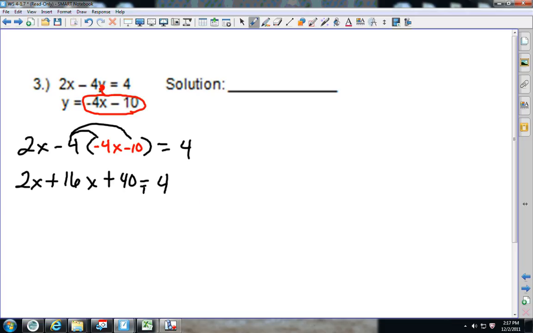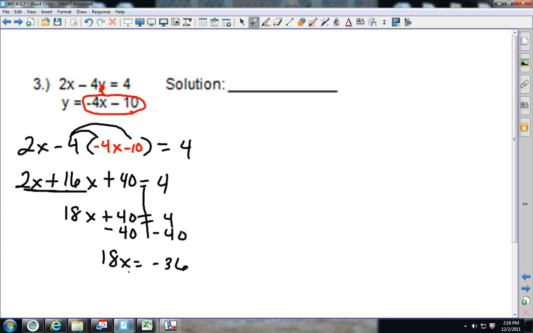Now, here's my equations. I put these two together, and I get 18x plus 40 equals 4. Subtract 40 from each side. 18x equals negative 36. Divide by 18. X equals negative 2. Found x. Now I need to find y.